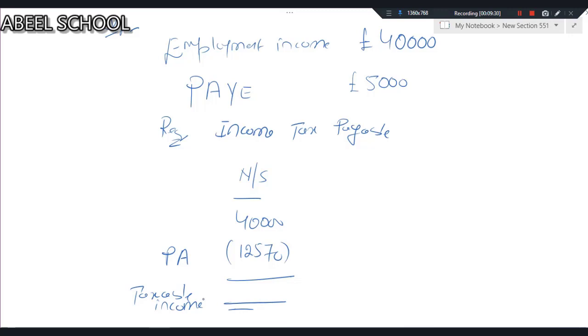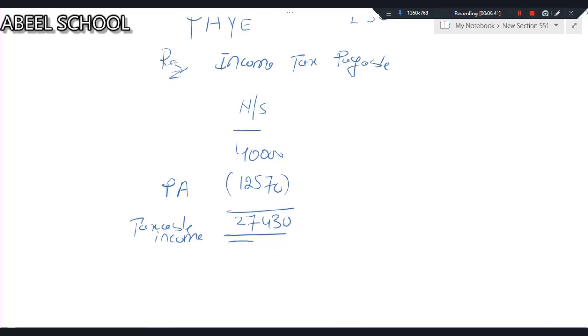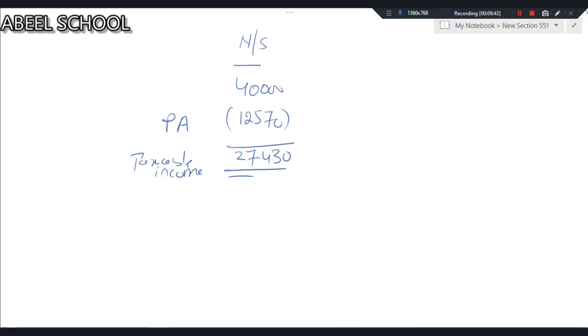So 40,000 minus 12,570, the taxable income is 27,430. Obviously, the entire 27,430 falls in basic rate band. Please, there's no need to make the column of total because it will be the same. We have only one source of income.